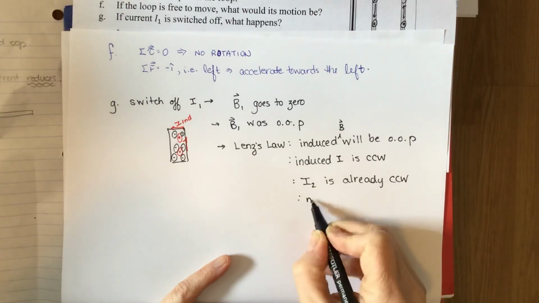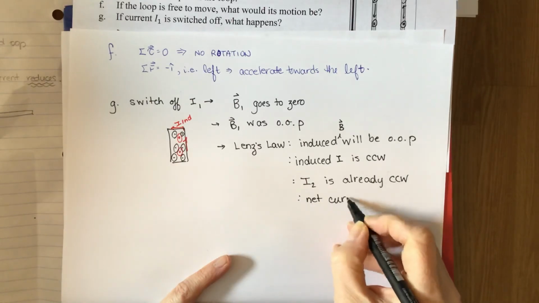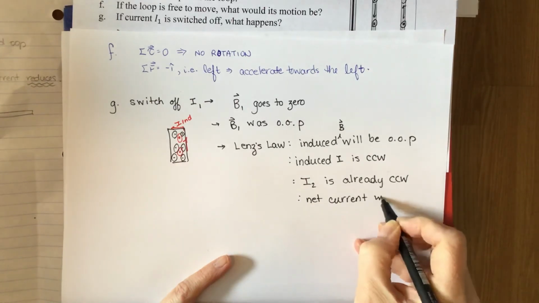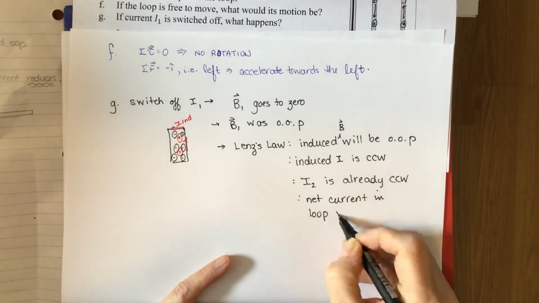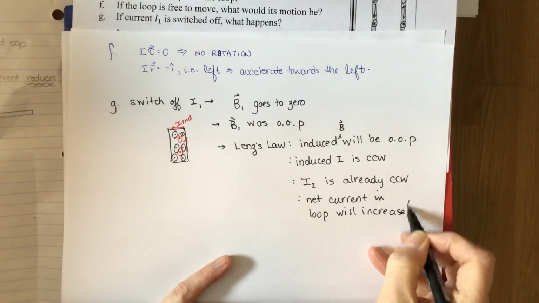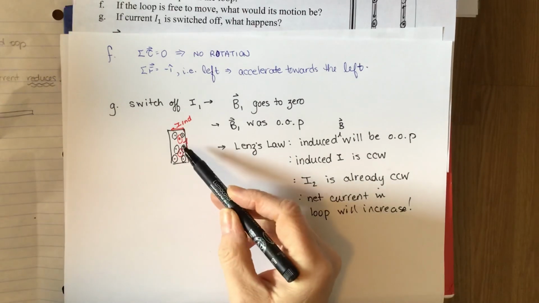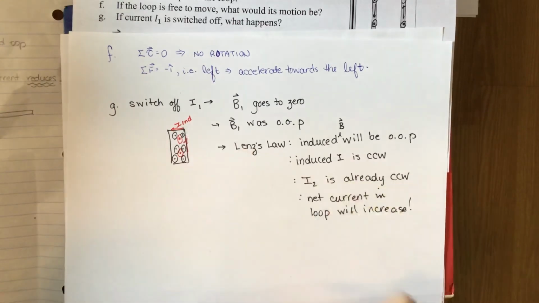So what happens is that the net current in that loop will increase. By changing the magnetic field of the wire, we get a new induced field, which induces the current, which is in the same direction as the existing current, which means that we get the net current increased.